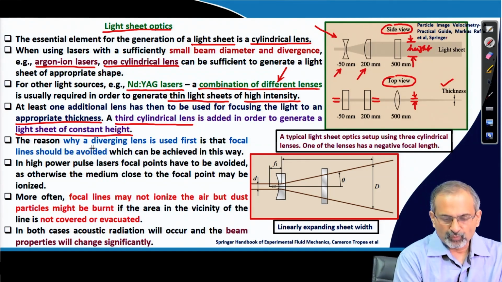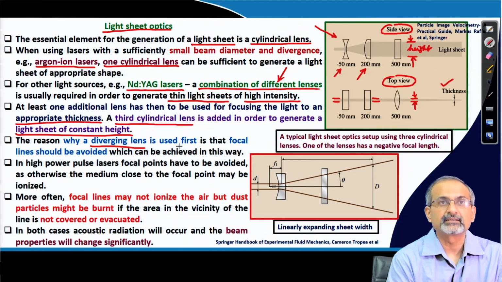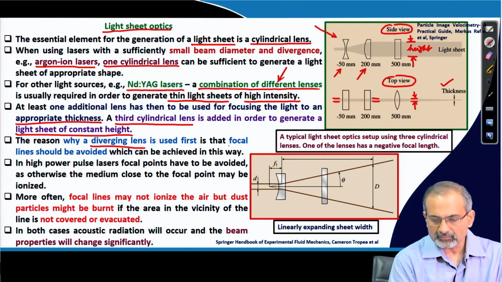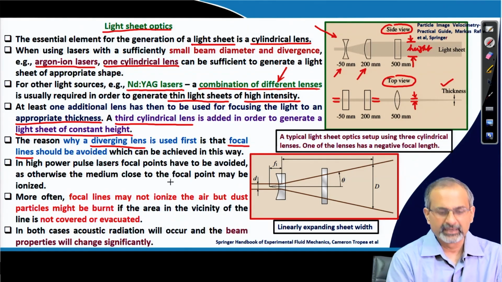And why you need a diverging lens to be used first is that the focal lines should be avoided. What happens if focal lines are generated?